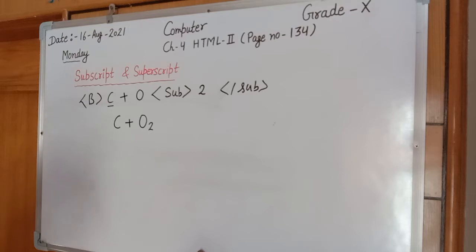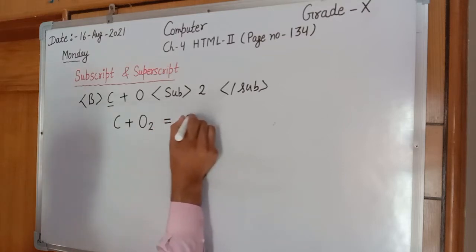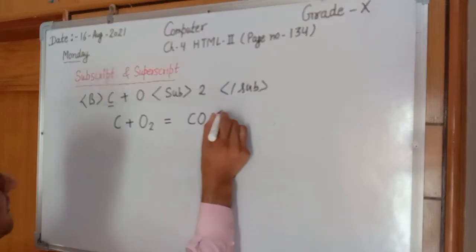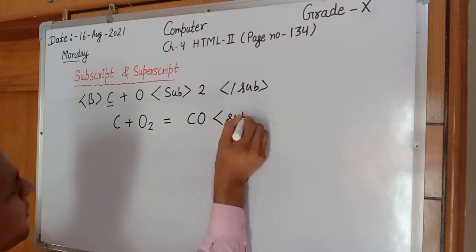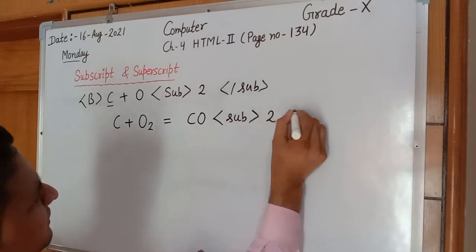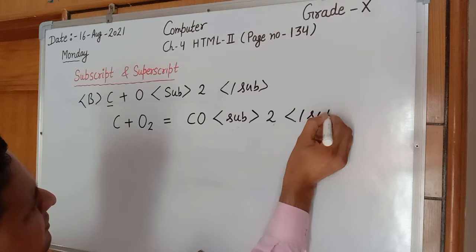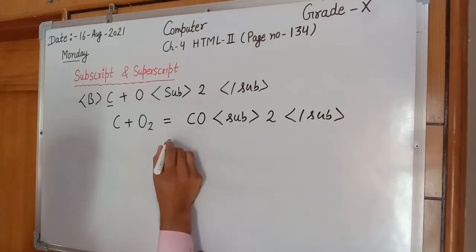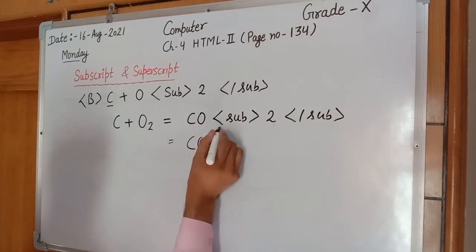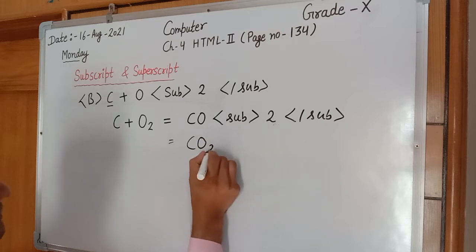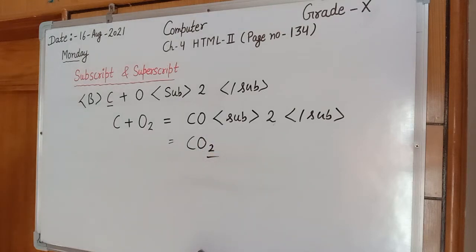Afterward they have written equal to CO. Then again they have written sub, in sub they have written 2, then again they have closed the sub tag. So the output will be CO, and 2 will go at sub position. So the output of this line will be CO2.